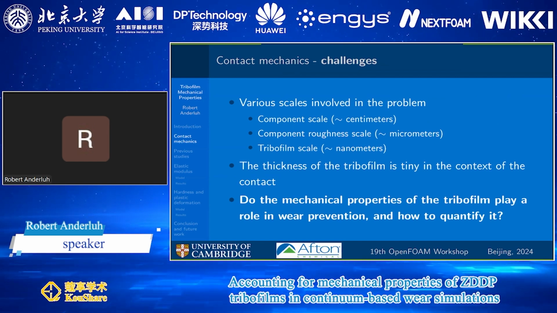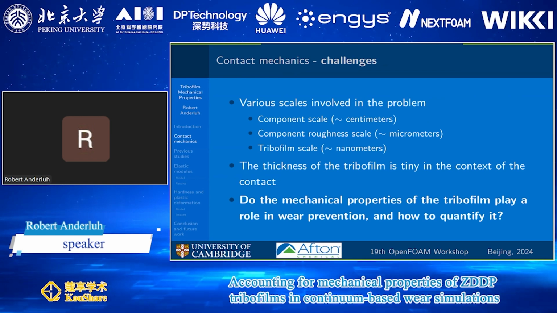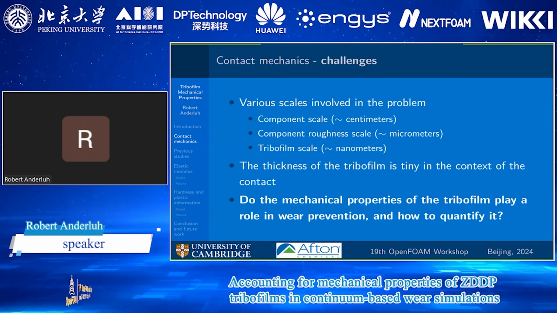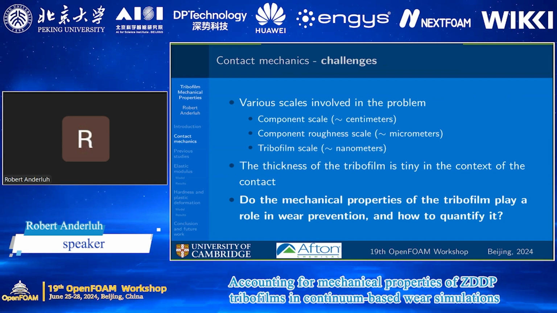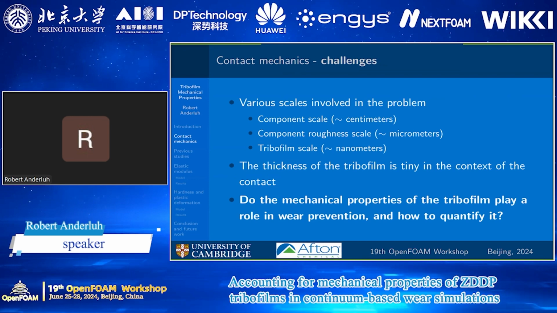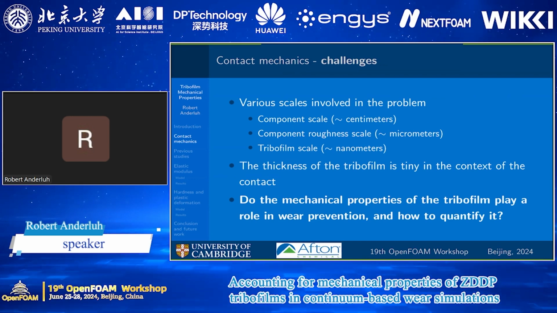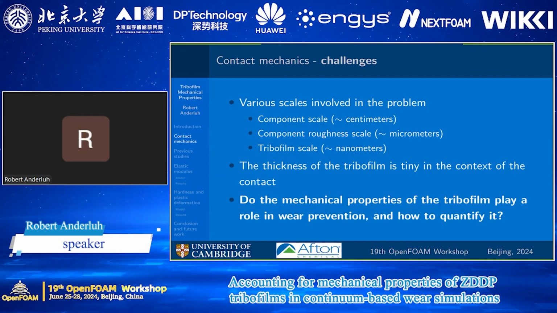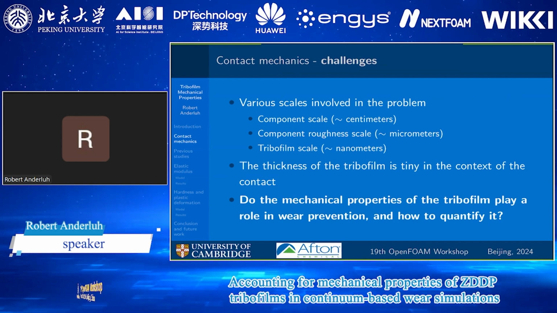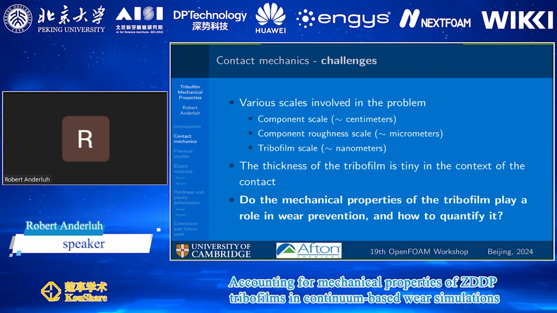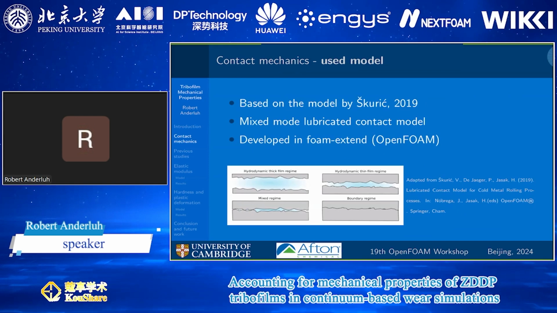So even though the tribofilm has a quite lower hardness and elastic modulus than the steel, the question is how much this affects the actual contact mechanics and the wear. We want to answer this question, quantify it exactly, and get a model that we can plug into a proper ZDDP dynamic growth and anti-wear model.